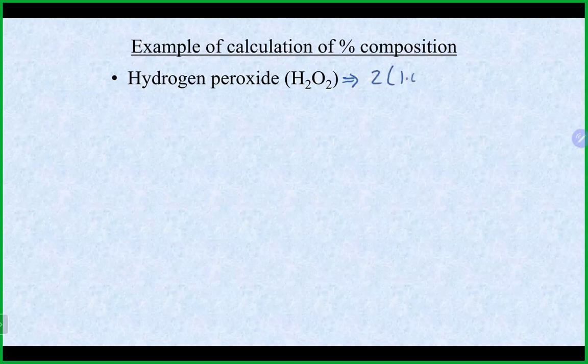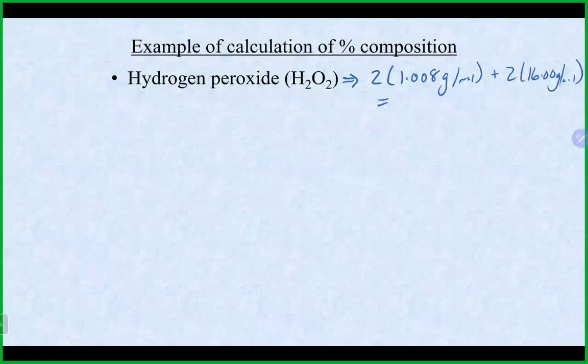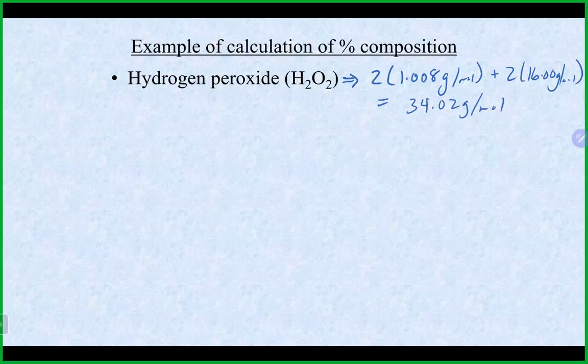So we have 2 hydrogens, each at 1.008 grams per mole. We also have 2 oxygens, each at 16 grams per mole. That's going to give us a molar mass here of about 34.02 grams per mole.